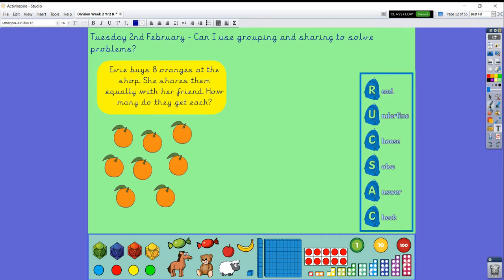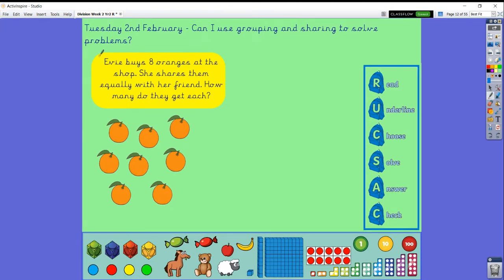So let's start off by reading this question. Evie buys 8 oranges at the shop. She shares them equally with her friend. How many do they get each? So I've read my question. Let me underline some important things. So I've got to underline 8 oranges, and I've got my 8 oranges here. She shares them equally with her friend.